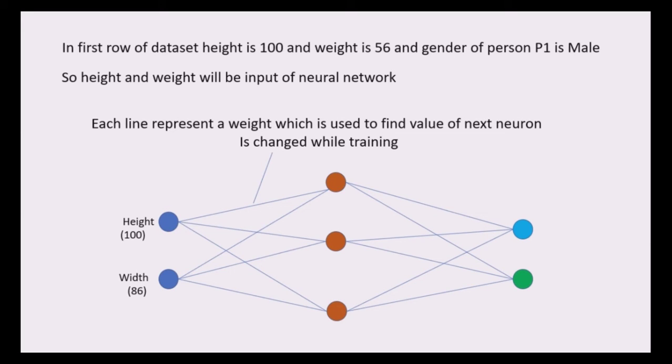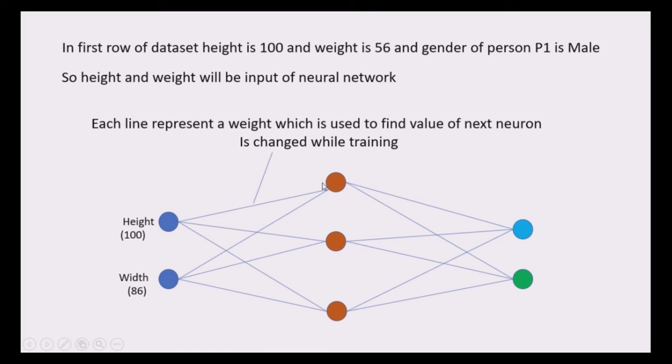In the first row of the dataset, height is 100 and weight is 56 and the gender of person P1 is male. So height and weight will be the input of the neural network. We feed our input data into the input layer neurons: height in the first neuron and weight in the second neuron.